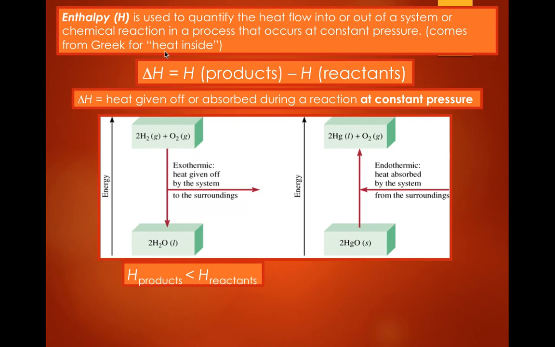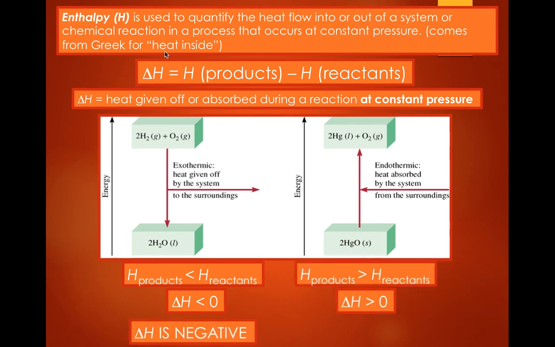Now, if the enthalpy of the products is less than the enthalpy of the reactants, and the total enthalpy change is less than 0, delta H is negative, and that's an exothermic reaction.